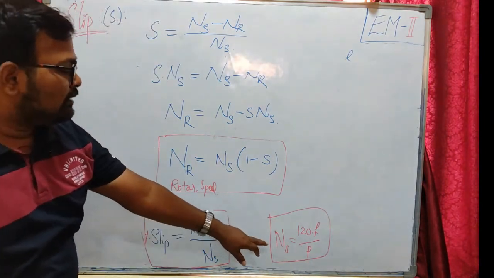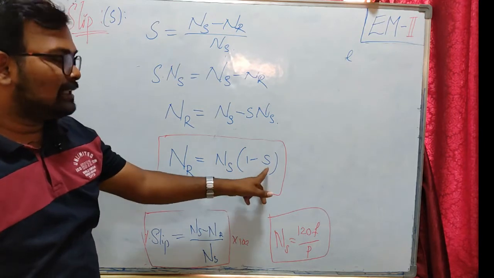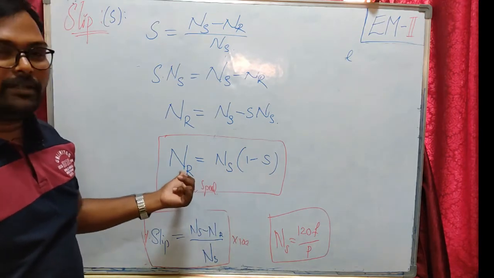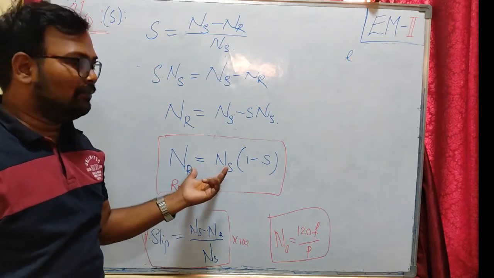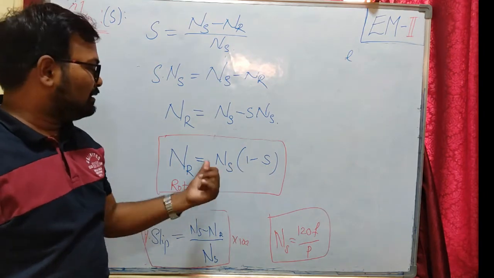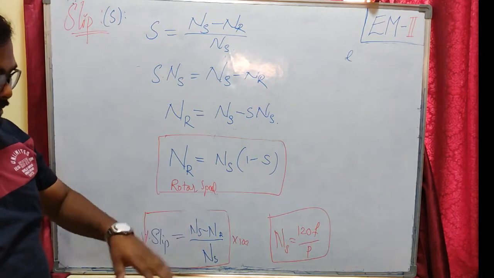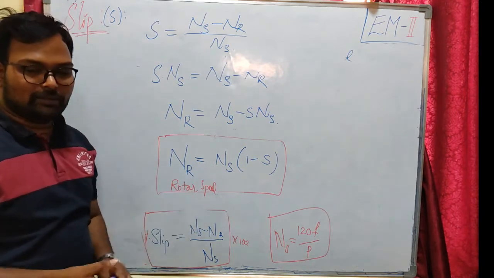So by using synchronous speed and slip, we can find out the rotor speed. If we have rotor speed and synchronous speed, we can find out the slip. This is the relation between rotor speed and synchronous speed.